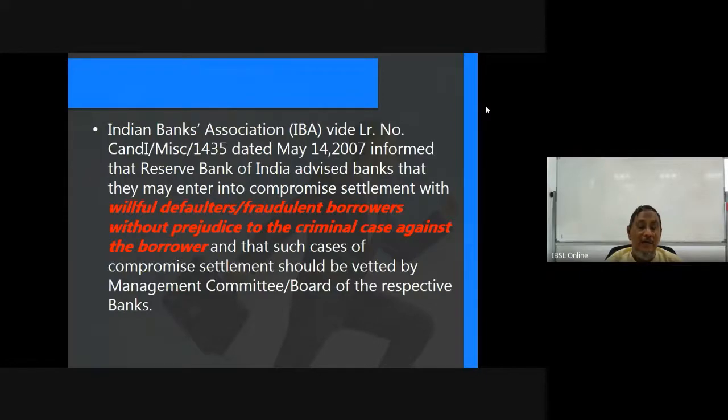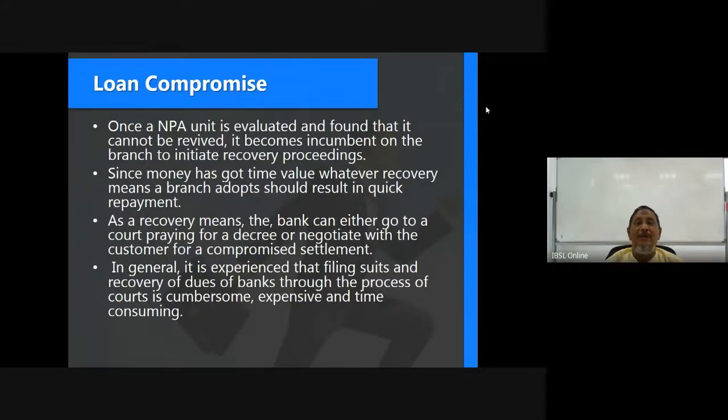They can come for a compromise settlement with them, without prejudice to the criminal case against the borrower. If needed, they can file criminal cases subsequently for defaulting. Okay, so loan compromise is again discussed.